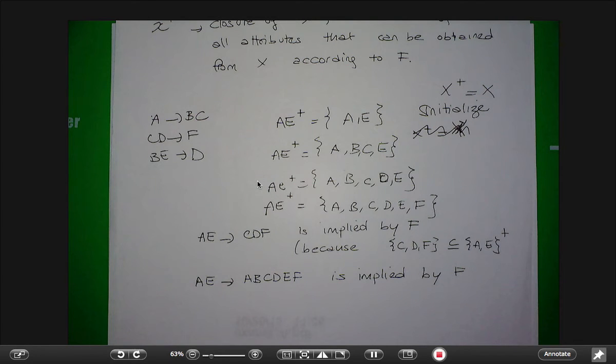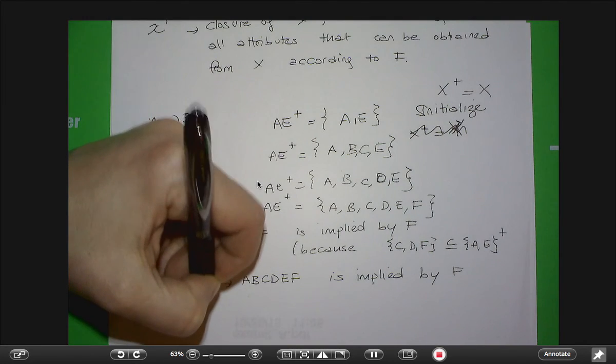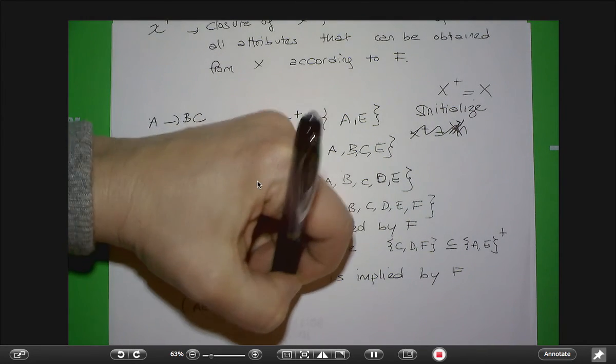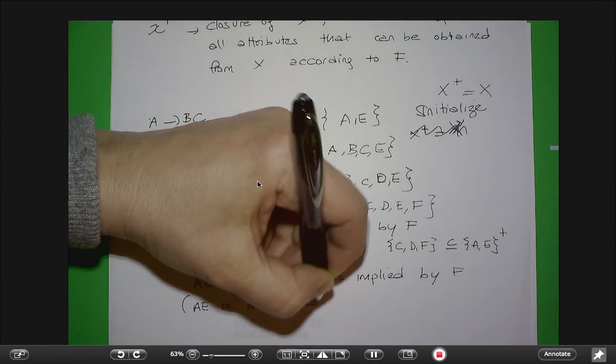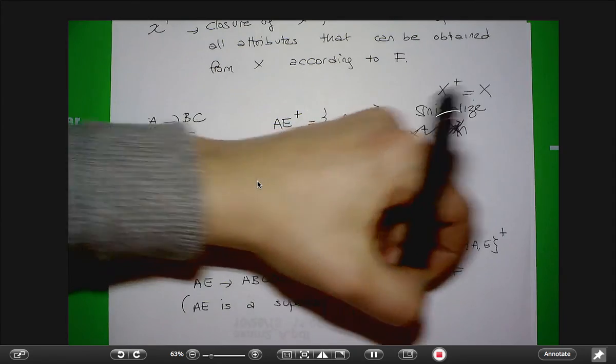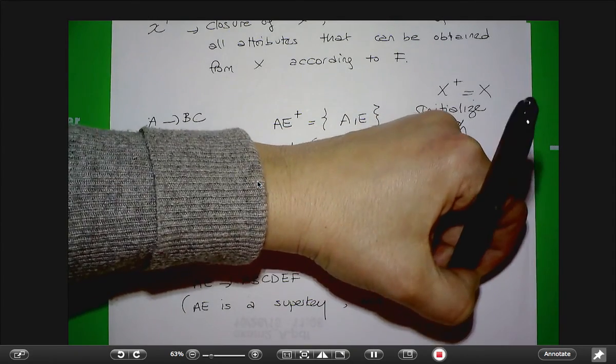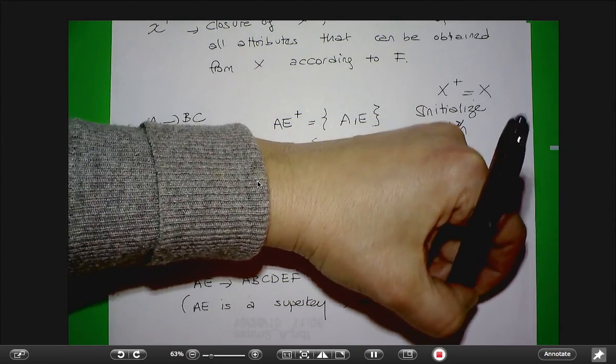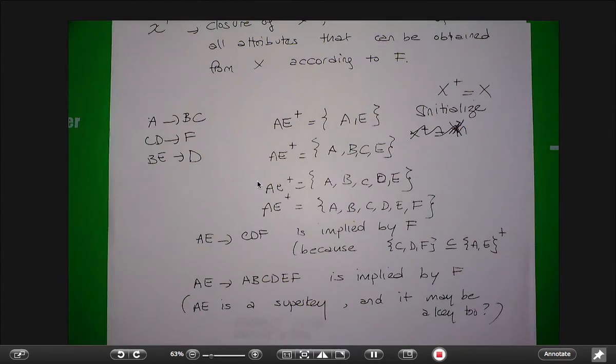So super keys are actually lamer than keys. Okay? So that just means that AE is a superkey, and it may be a key too. Right? But we don't know for sure. Right? So let me give you the rules for these two, and then we'll come back to this.